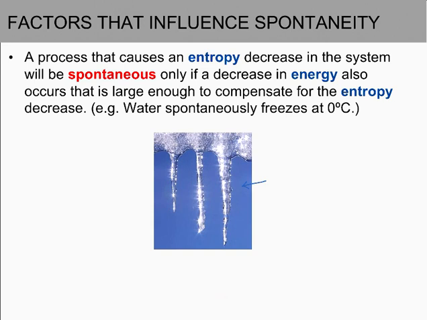In this situation, we're actually going in the opposite direction from our previous example. We're starting out with a liquid, and that liquid is becoming a solid. So we're going from a system with more disorder, the liquid, to a system with more order, a solid. So again, the entropy here is decreasing.